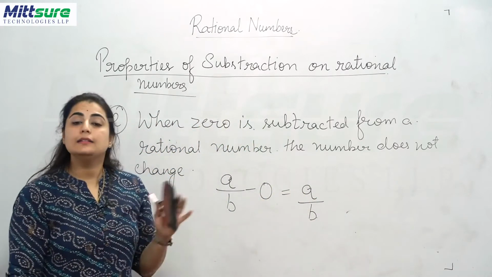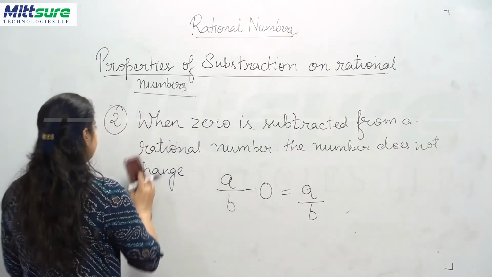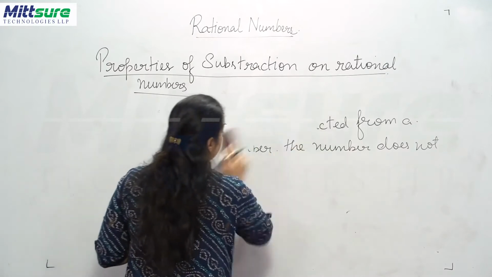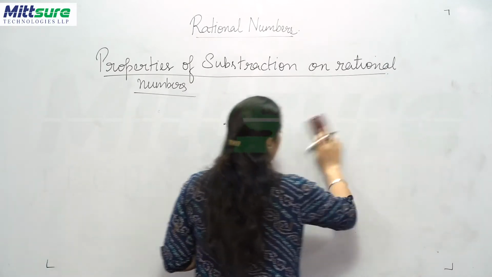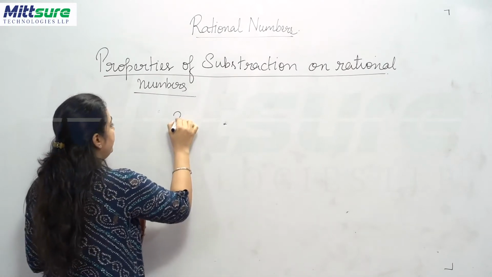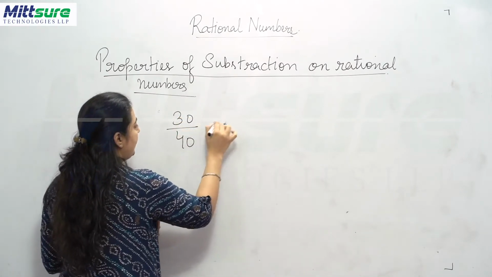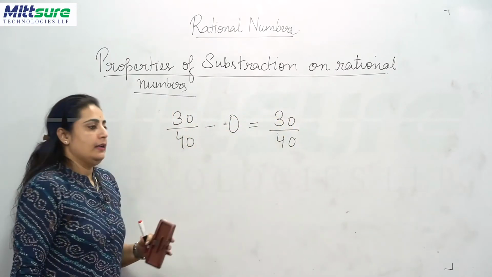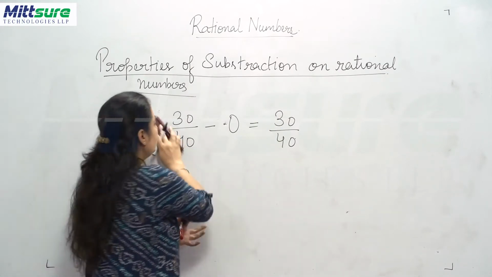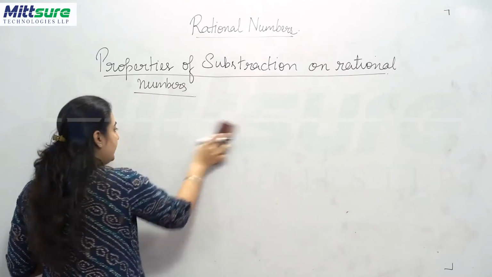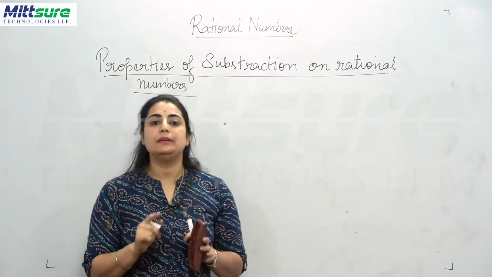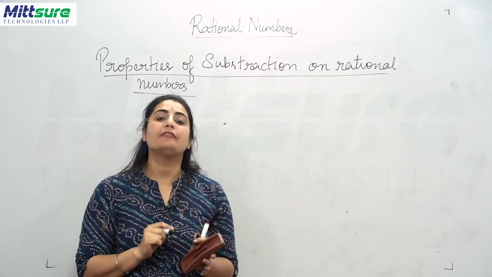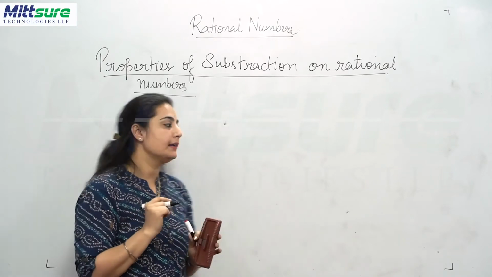Now let us understand the same property by one example. Thirty upon 40 minus 0 gives you 30 upon 40 only. Now we will do one comparison between the properties of addition of rational numbers and the properties of subtraction of rational numbers. Let us see what that comparison is.